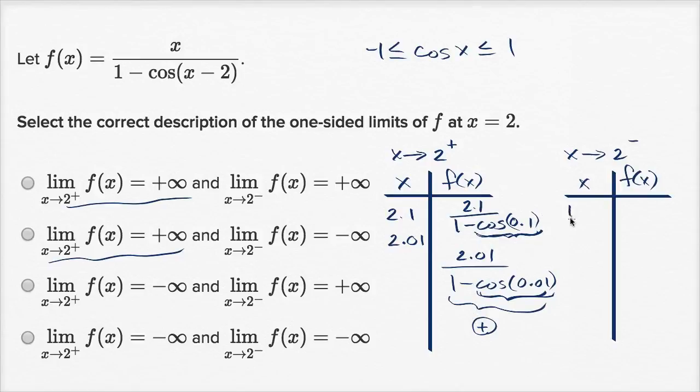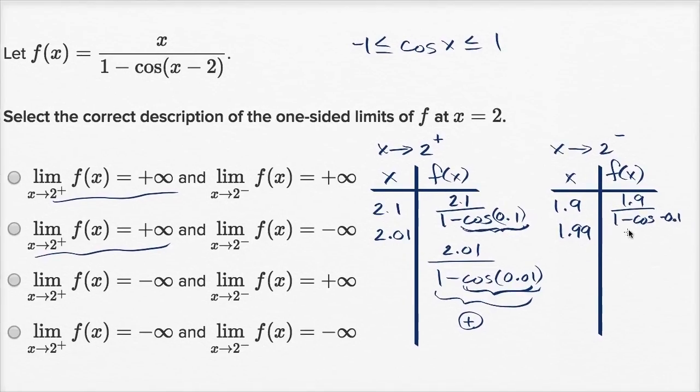And the same thing would happen if you did 1.9 and 1.99. Because here you'd have 1.9 over 1 minus cosine. Now here you'd have 1.9 minus 2, so this would be negative 0.1.